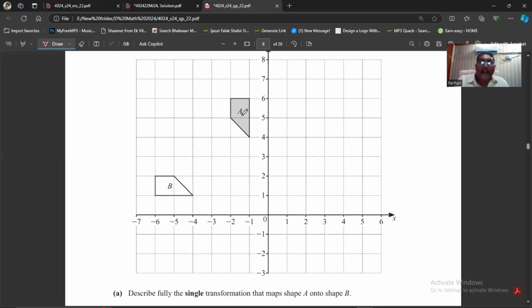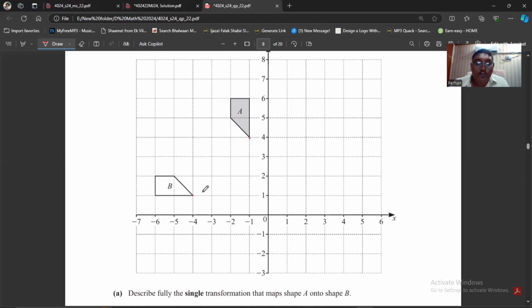So how do you find the line of reflection? You take 2 corresponding points, one on the object, one on the image. You join them with a line, and then you draw the perpendicular bisector of that line. So I will join this point and this point. How do you draw the perpendicular bisector of this line?